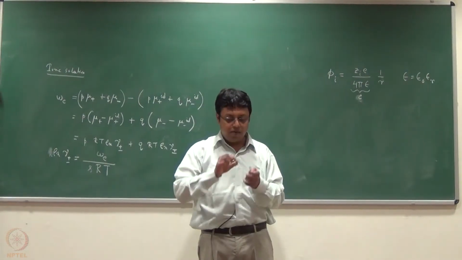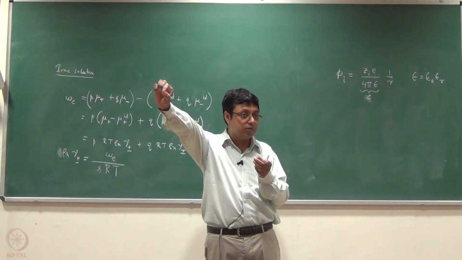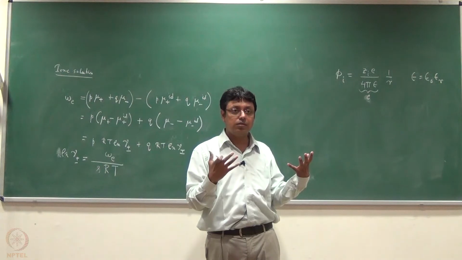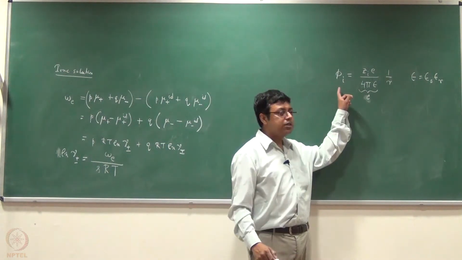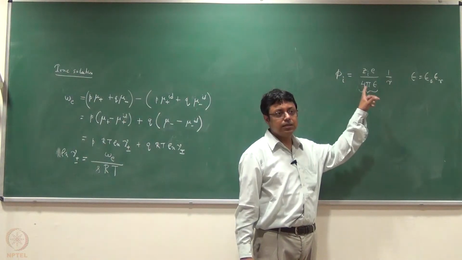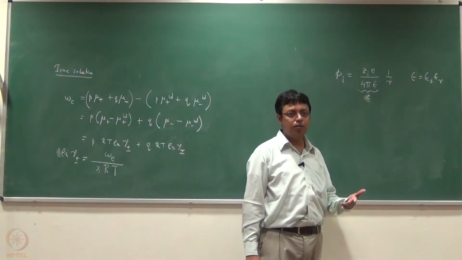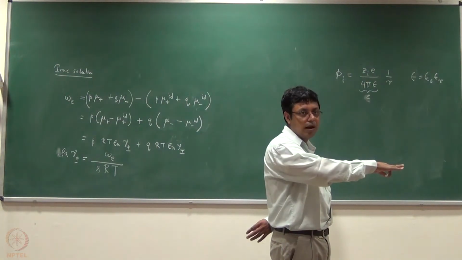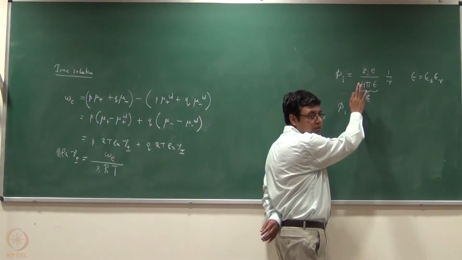Now, if I move along this diffuse ionic atmosphere, you will see that for a charged cloud interacting with a point charge, the potential will not vary like this, because this is between two point charges. It will be slightly modified, which means it will actually decay more rapidly. So this is for a point charge with a point charge.